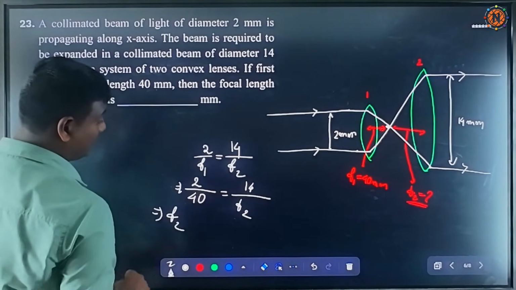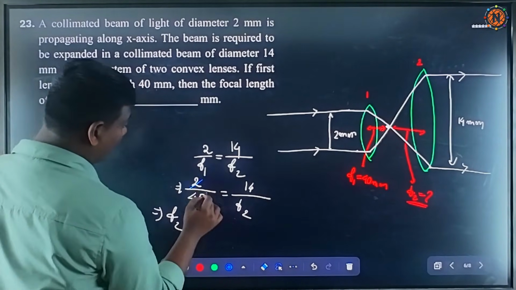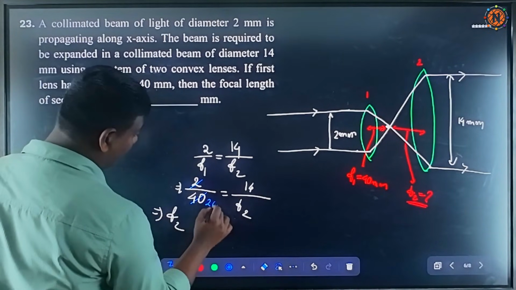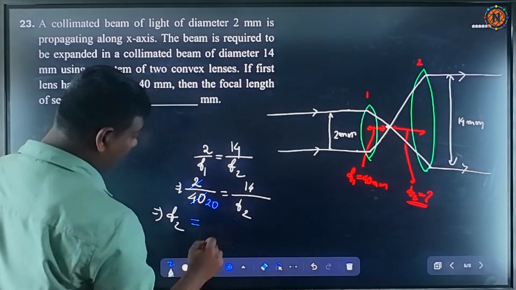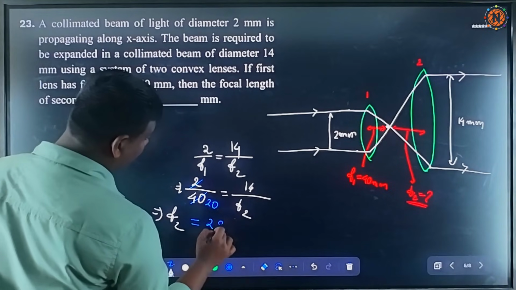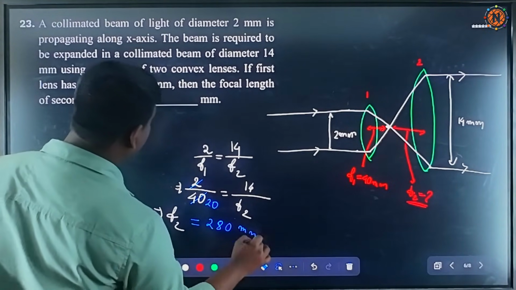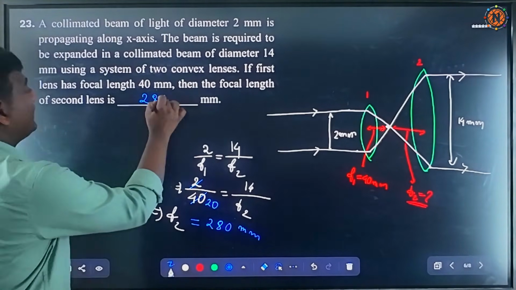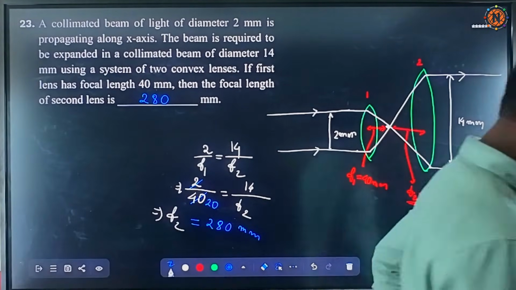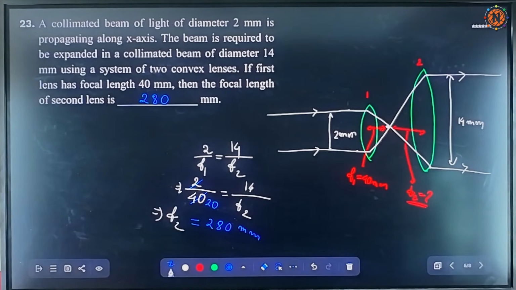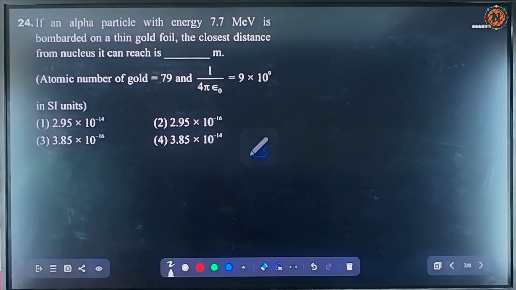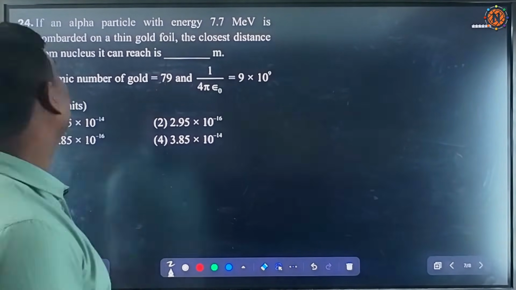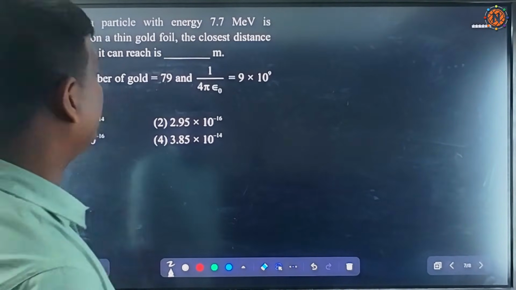This will be 20, so 20 into 14 will be 280 mm. This is the answer. Let me check the answer. Yes, 280.